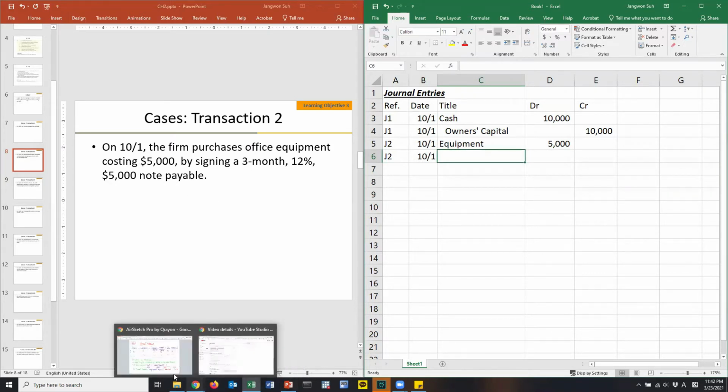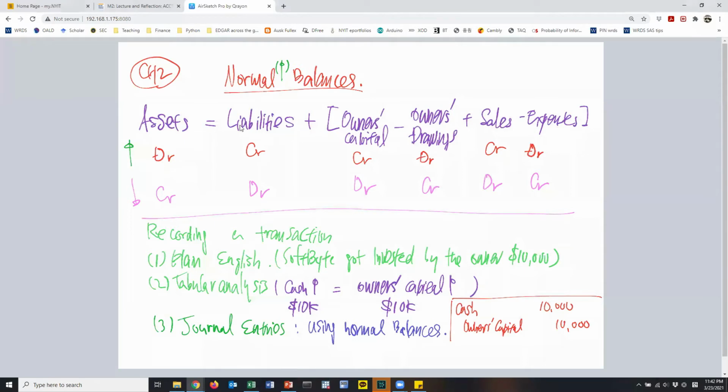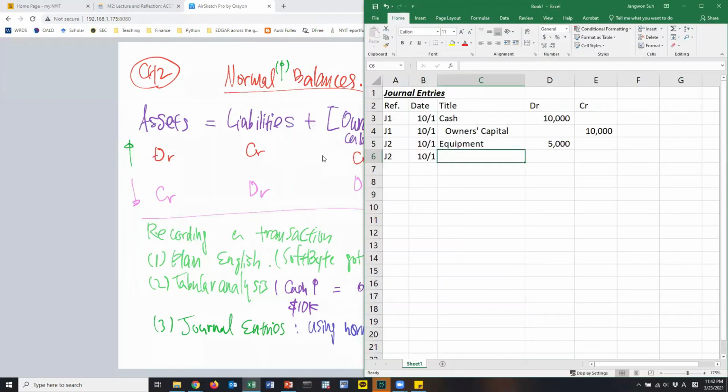Notes payable is a liability. A liability item is increasing, therefore it should be credited. Notes payable should be credited by the same amount. Okay, let's move on.